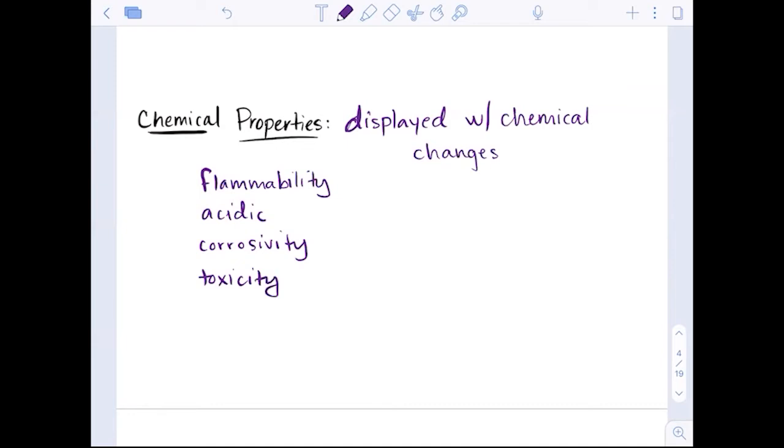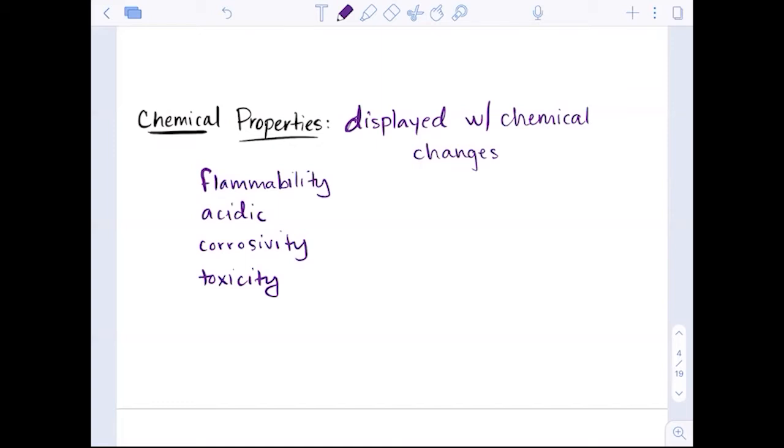Water is non-toxic. Hydrogen peroxide in certain amounts is toxic. Things like acids are corrosive. Bases tarnish, right? They are not corrosive. They don't destroy metals like acids do. So when we think about the actual reaction that's happening there, it's a chemical reaction.